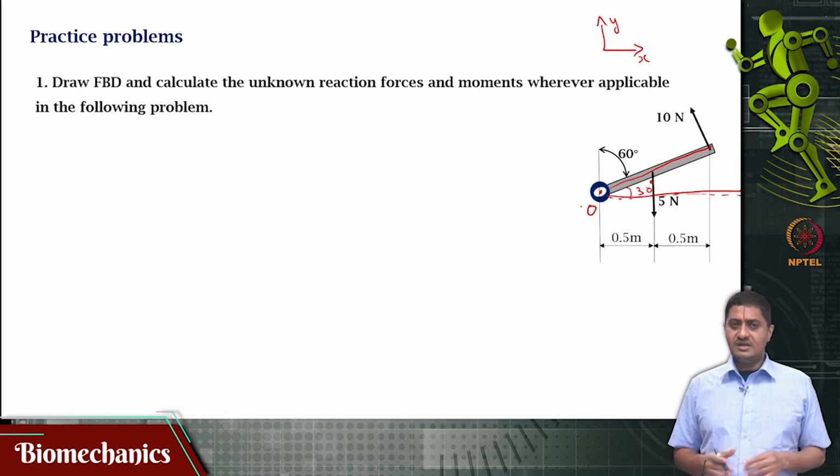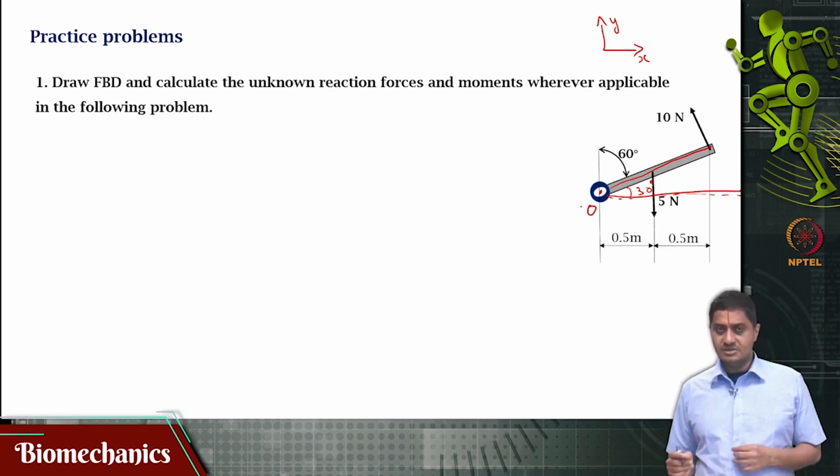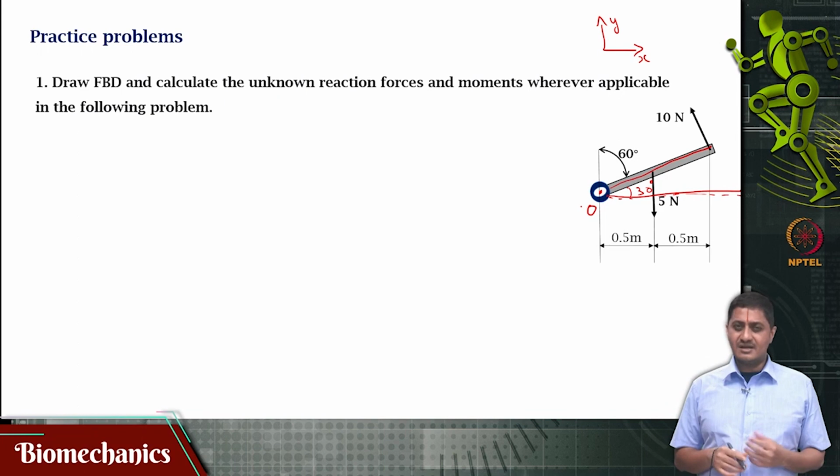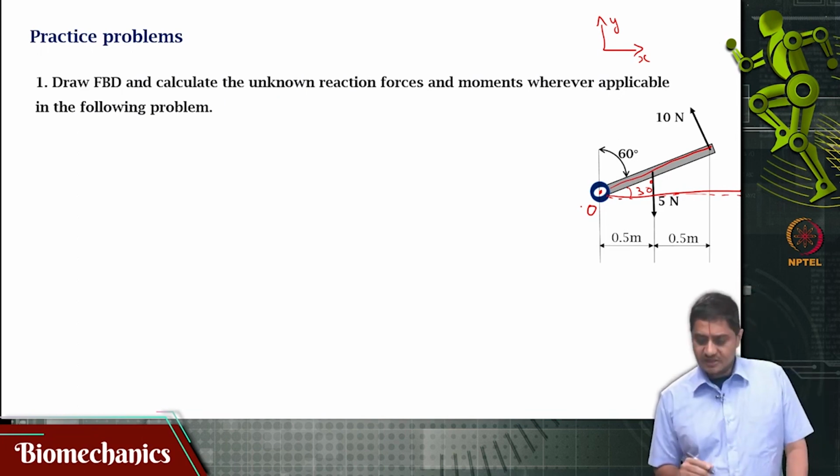It will have only 1 degree of freedom, that is, it cannot translate in the x direction or in the y direction. So, the corresponding reaction components will be there.